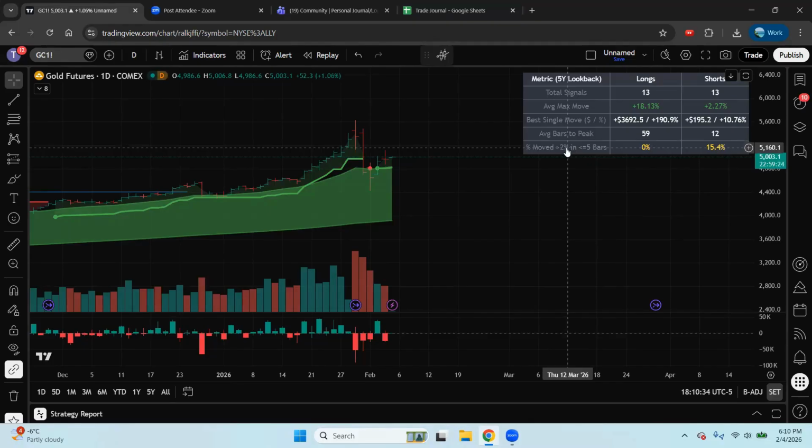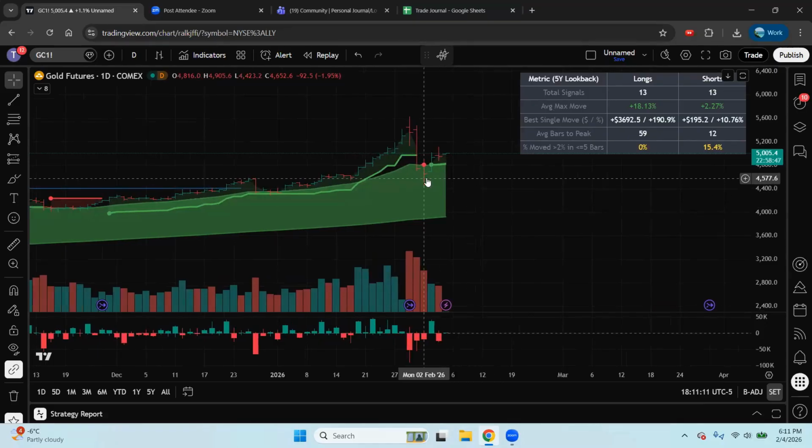There's an option in the version that we'll send out to you, but I'm dabbling on whether I want this number to be 5 bars or this number to be 3%. So this was just a number that I thought would be reasonable. So this is any move of more than 2%, long or short, in less than or equal to 5 bars. So if that's happening more often, then when I get an entry, I'm looking at maybe shorter term expiries to take advantage of that gamma and delta expansion.